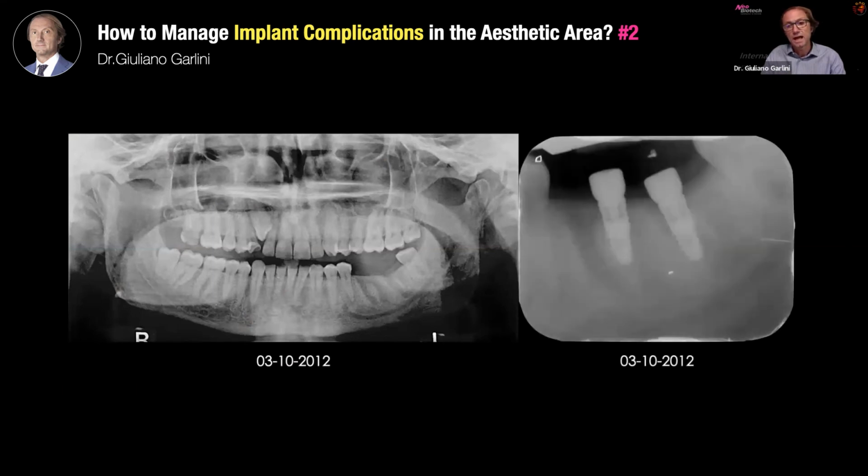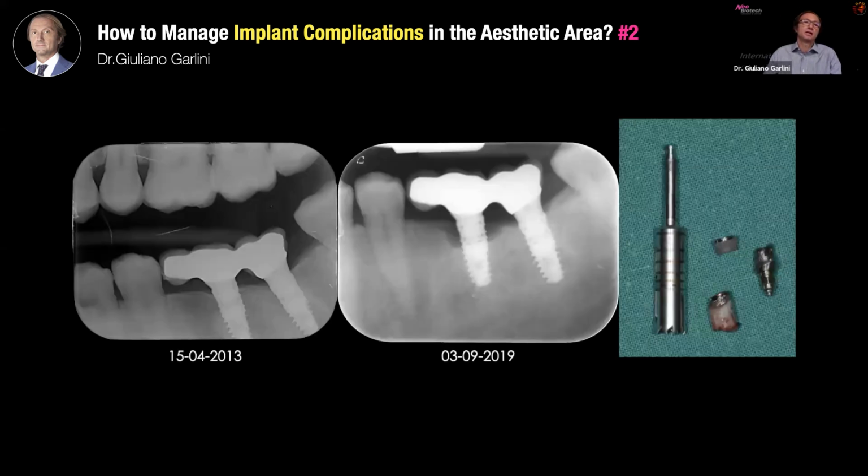Let me show you another case. After 7 years of function, this implant in the middle developed a bone resorption. So I said, okay, I have to treat this periimplantitis. I removed the crown, and when we removed the crown, we could understand that the implant neck was fractured. And if we go back to the X-ray, maybe we can see here a fracture line of the implant.